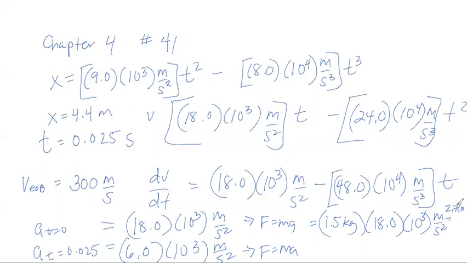And finally, 1.50 kg times 6.0 times 10 to the third meters per second squared will be 9.0 times 10 to the third newtons. That concludes chapter 4 homework.